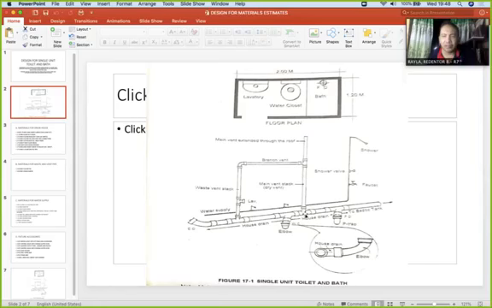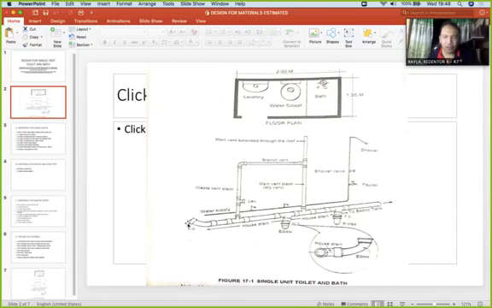There is no Y branch here, so this is a prohibition. What is situated here is called a wet bend.